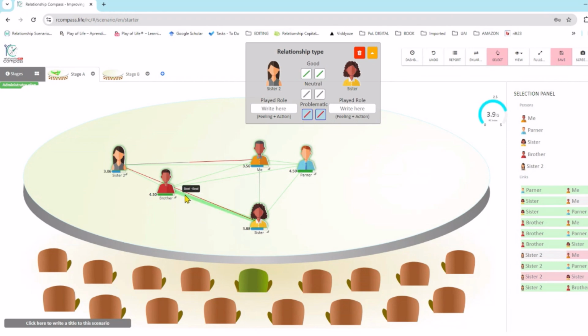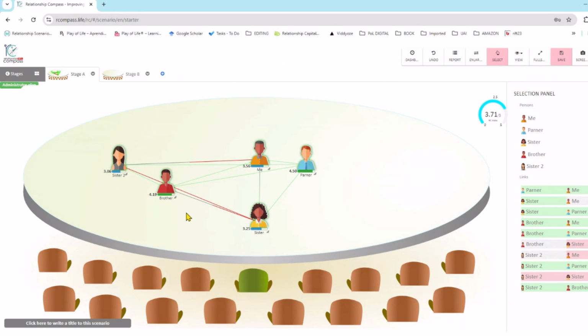Between the brother and sister one. Between the brother and the sister, neutral. Between the sister and the brother, problematic. And brother and sister two. Both good. Okay. Leave it like that.